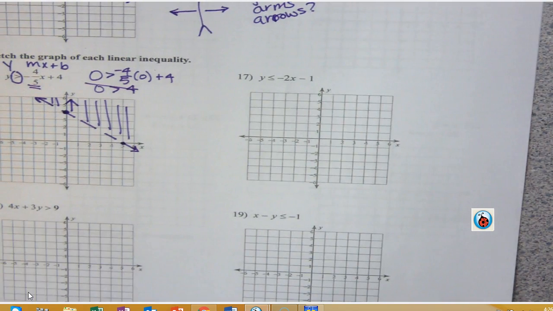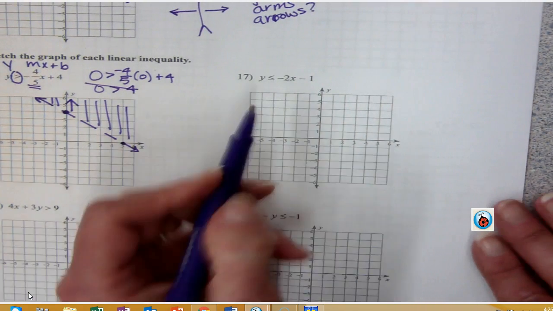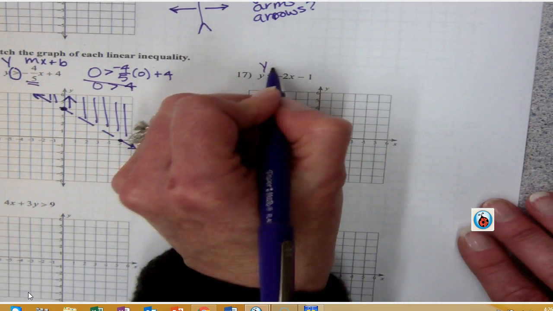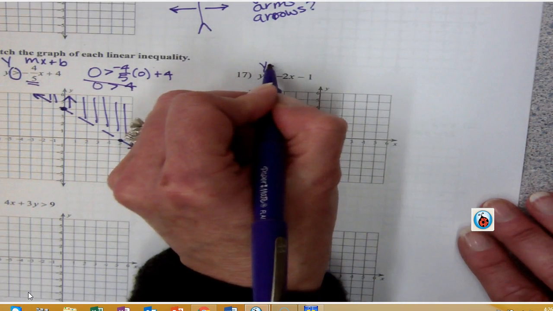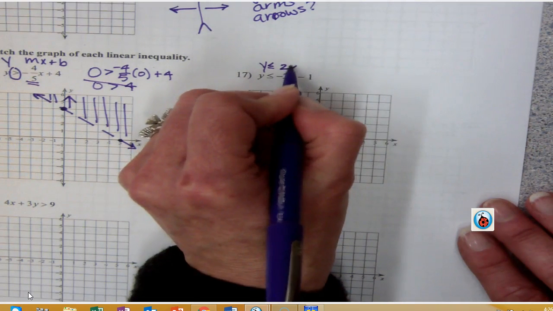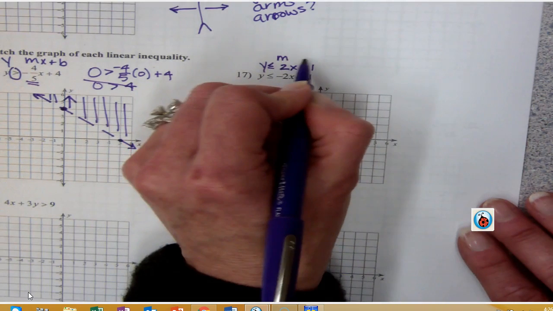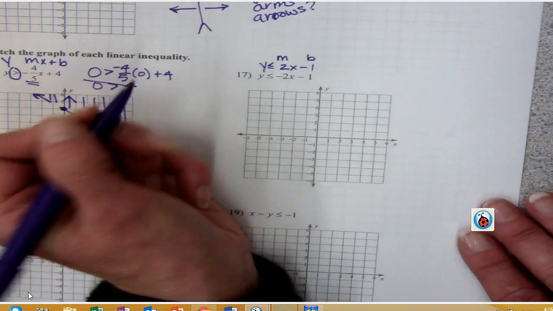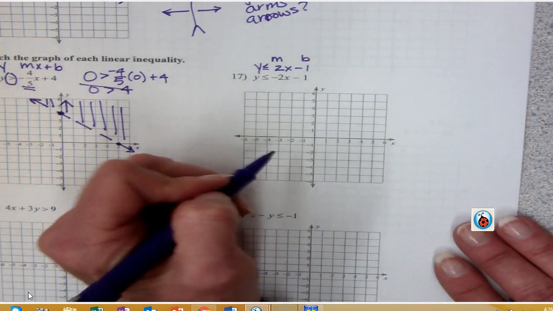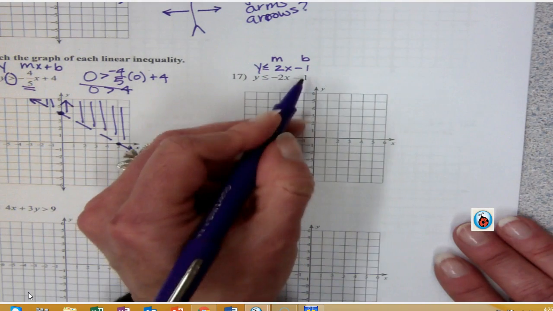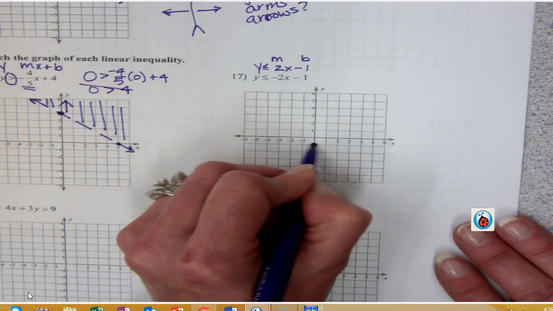number 17. Again, this is in y-intercept form. This is my m, this is my b. So I'm going to go to my y-intercept, which is negative 1.